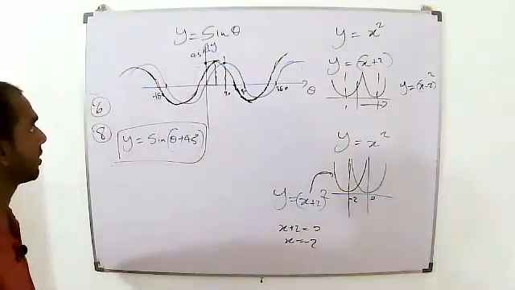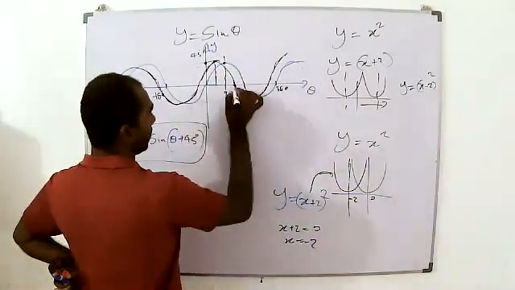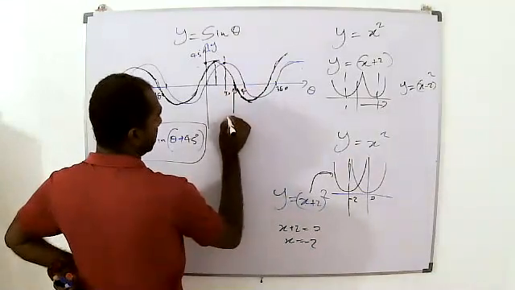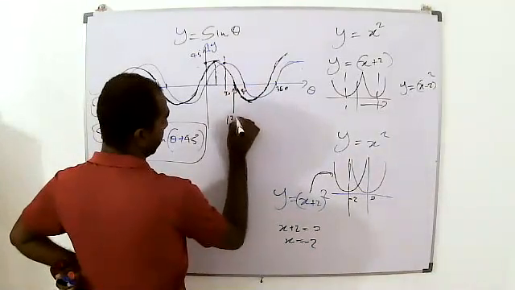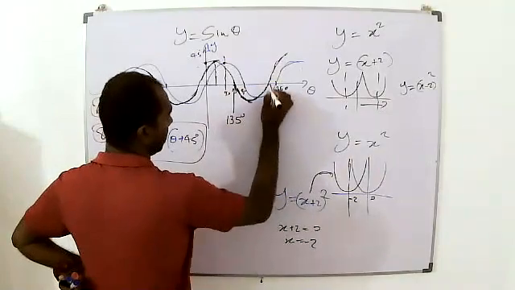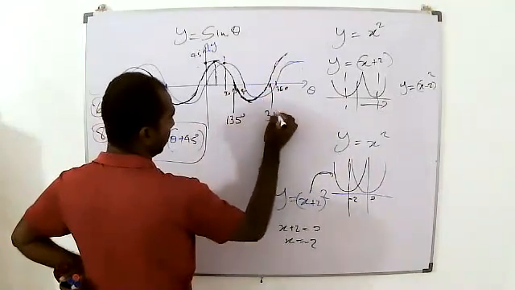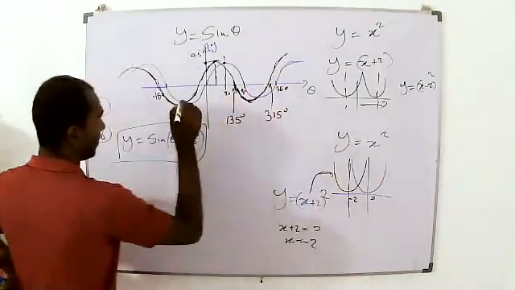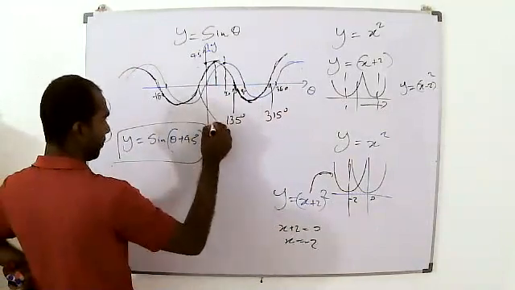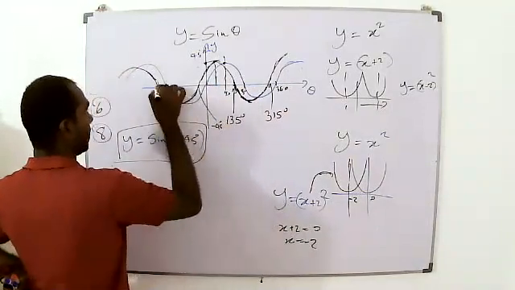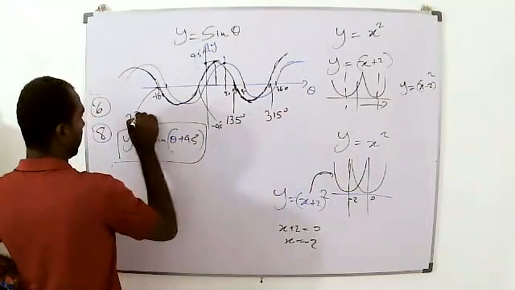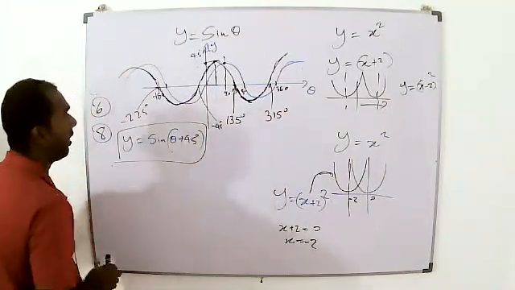Something like this. So this point will be how much? 135 degrees. This point here will be how much? 315 degrees, the point of intersection. This is going to be minus 45 degrees. This is going to be minus 225 degrees.